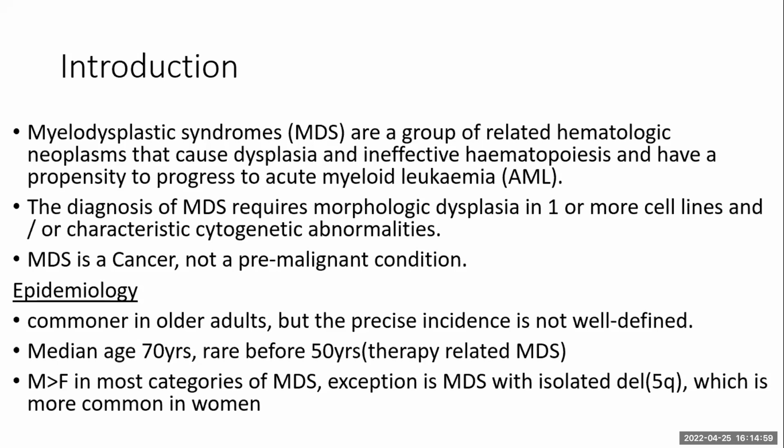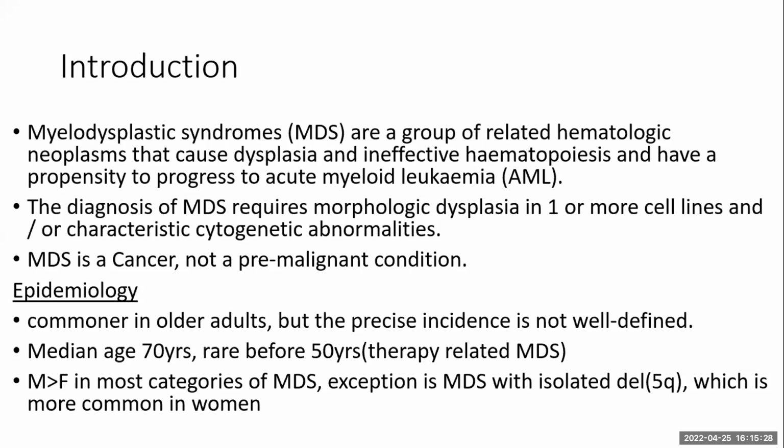The diagnosis of MDS requires morphologic dysplasia in at least one or more cell lines and/or characteristic cytogenetic abnormalities. And just to emphasize, MDS is a malignancy and it is not a pre-malignant condition. Because it progresses to acute myeloid leukemia, some may think it is therefore a pre-malignant condition, but it is actually a malignancy in its own right, and therefore it needs to be treated.